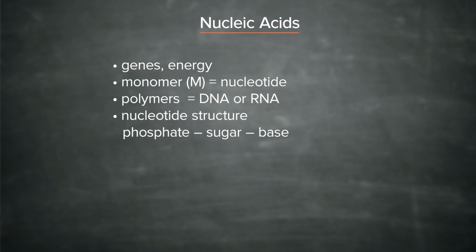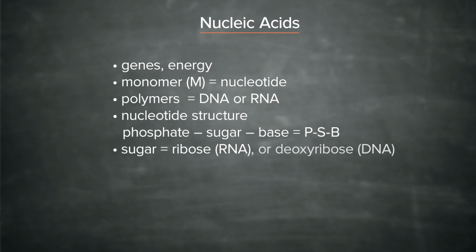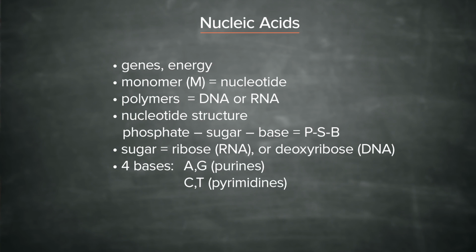And we can abbreviate this as PSB. Okay? The sugar is a 5-carbon sugar called ribose, or it might be deoxyribose. And the bases are adenine, guanine, cytosine, and thymine: A, G, C, or T.